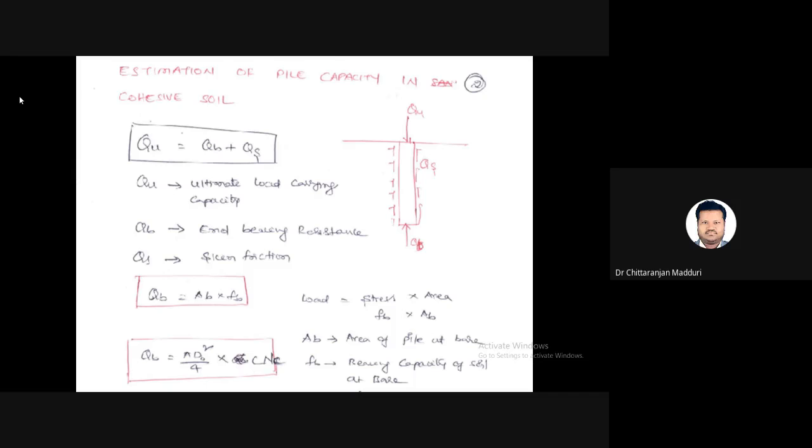Sometimes the bottom of the pile may be enlarged. In a uniform diameter pile, no problem. But when the bottom of the pile is enlarged, we need to take the diameter of the bottom of the pile. So please remember, AB is known as the area of the bottom of the pile, pi d square by 4, where dB is known as the diameter of the pile at the bottom.